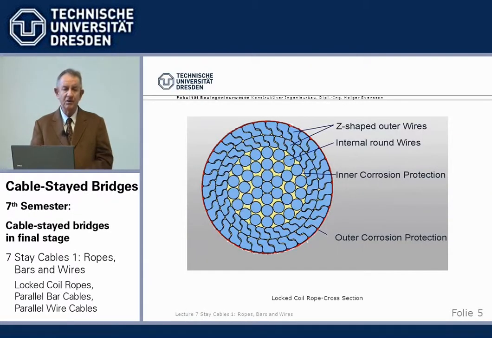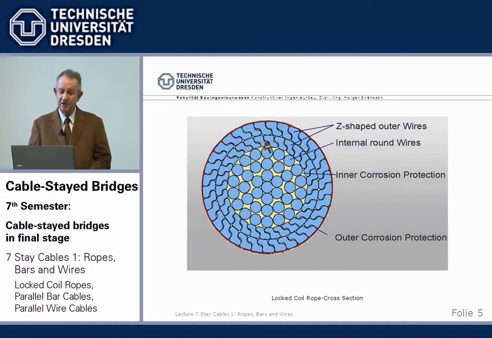We start with locked coil ropes, traditionally used in Germany. They consist of an outer layer of Z-shaped outer wires. Our American friends would say Z-shaped, but we stick to Z for Z. Internally, we have round wires.